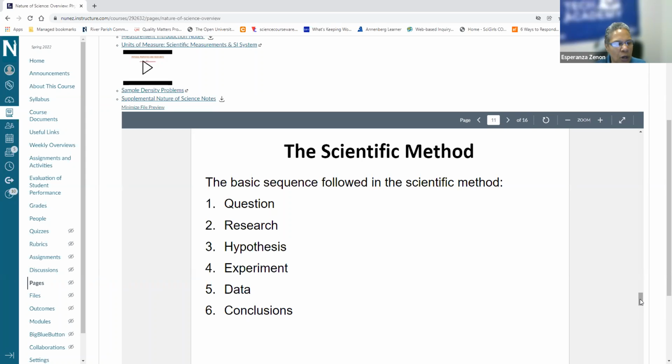Now, some textbooks will have them just a little bit differently. They might break out the experiment, in terms of analysis, results, conclusions. But the basic concept of the scientific method is represented in these steps.